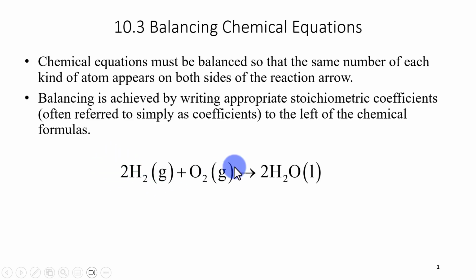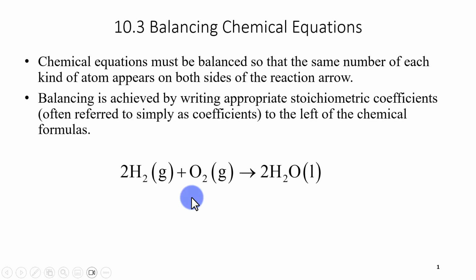We will only work with numbers in front of the molecules when we balance chemical reactions. These are referred to as coefficients. They're actually molar coefficients that tell us how many moles of each compound react together to form my products. And these are written to the left of the chemical formulas, right in front.